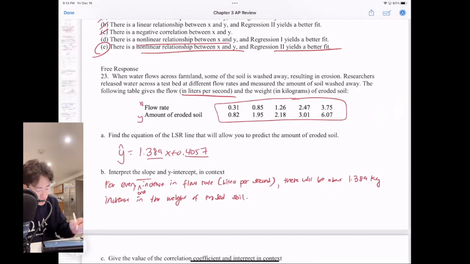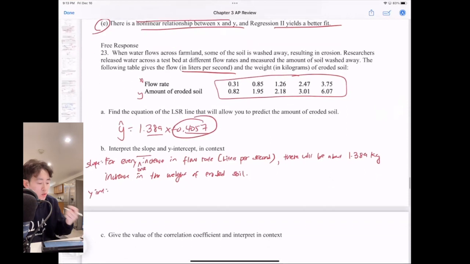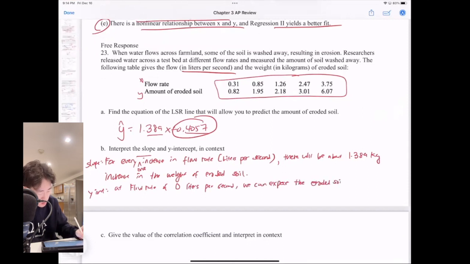So for the y-intercept, which is 0.4057, so the slope is this one and the y-intercept is that one. For the y-intercept, what we're going to say is at a flow rate of 0 liters per second, we can expect the eroded soil to have about 0.4057 kilograms in weight.